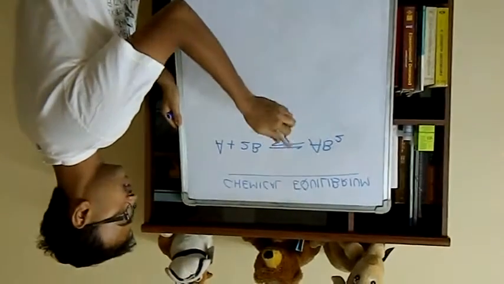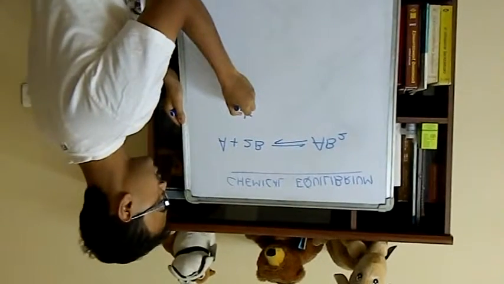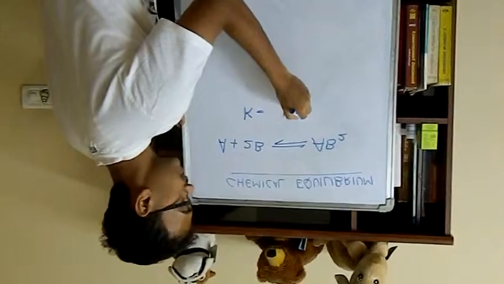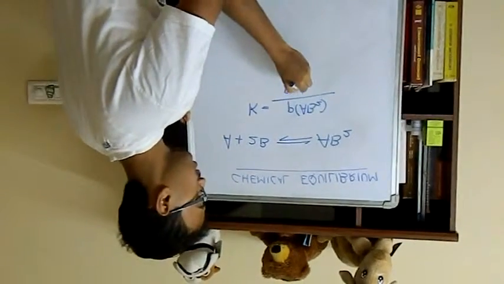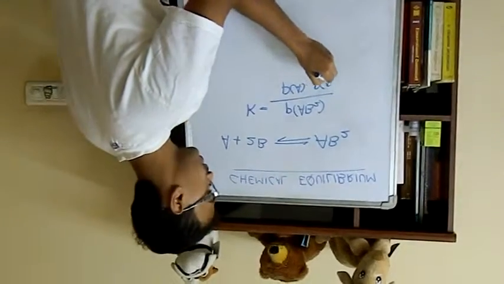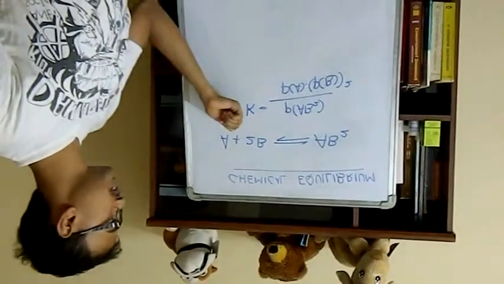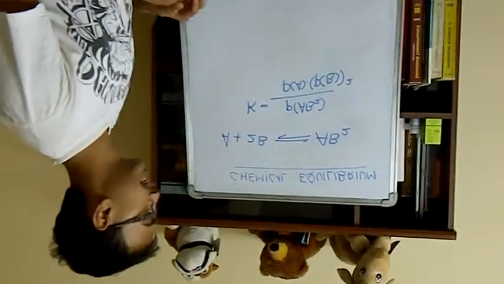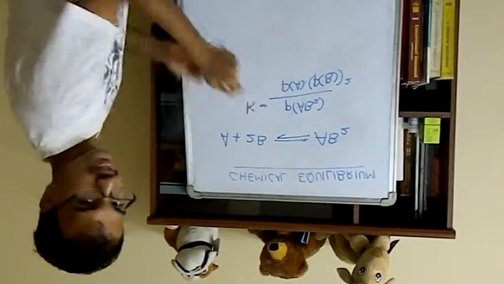The equilibrium constant for this reaction, K, is equal to the partial pressure of AB2 divided by the product of the partial pressure of A and the square of the partial pressure of B. I am assuming that A, B and AB2 are gases enclosed in a closed reaction vessel. So this is the equilibrium constant for this reaction.